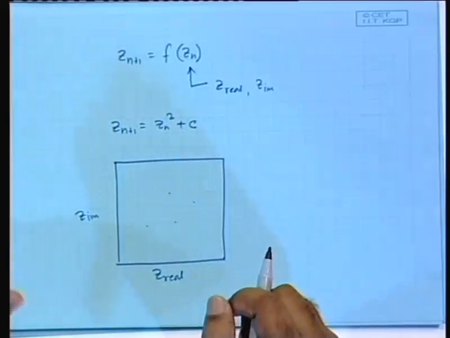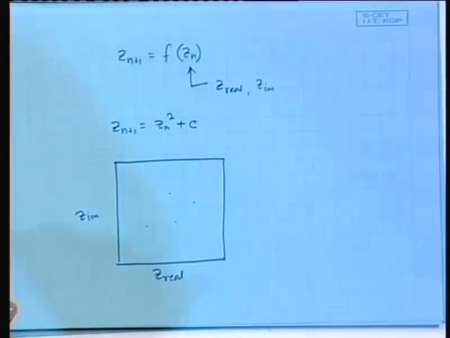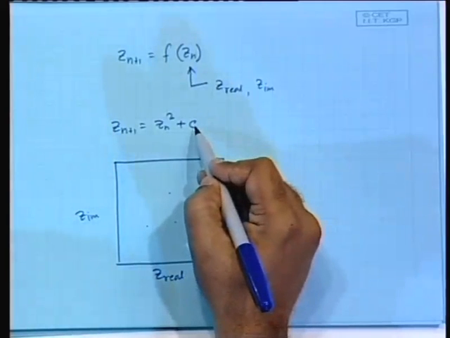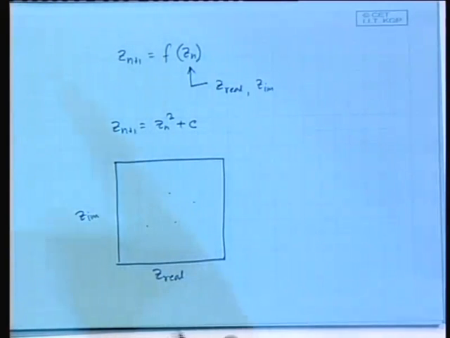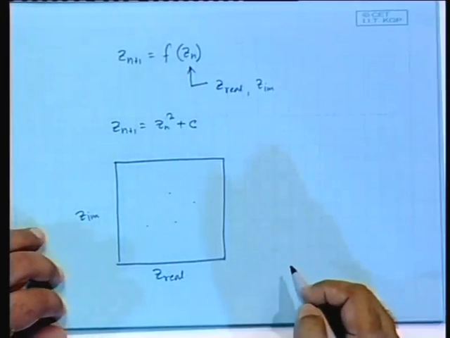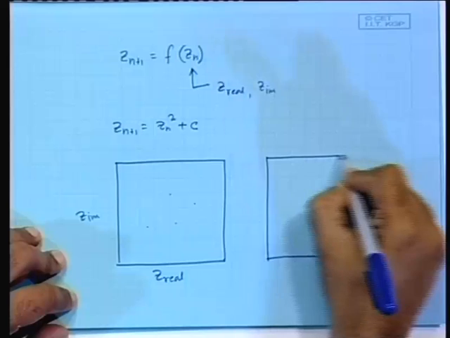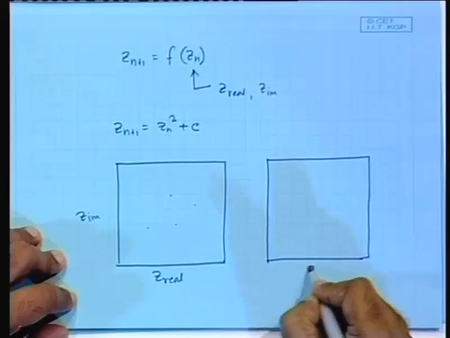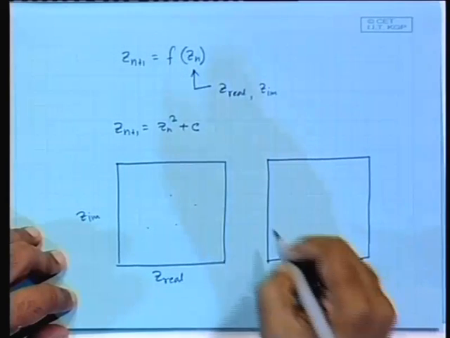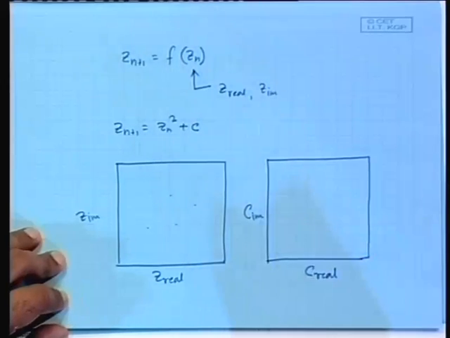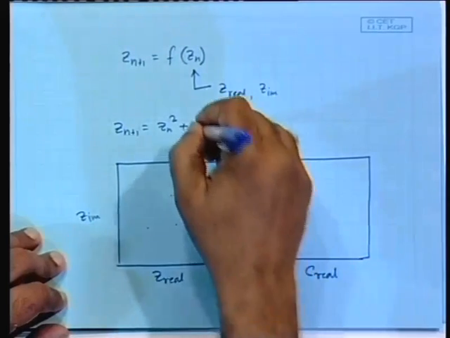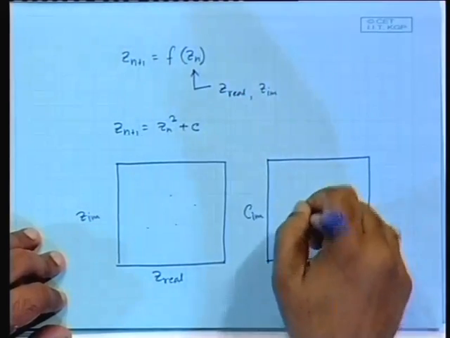Now, the character of this dynamical system will depend on the value of the parameter C, and C has two parts, the real part and the imaginary part. So we can also construct a parameter space with C real and C imaginary. The value of C that we take is nothing but a point in this.